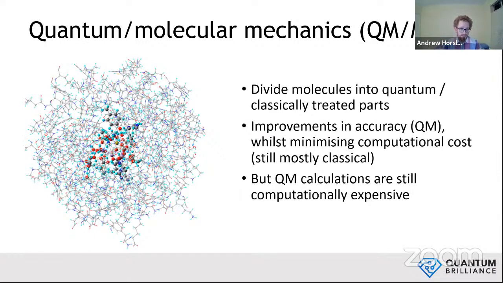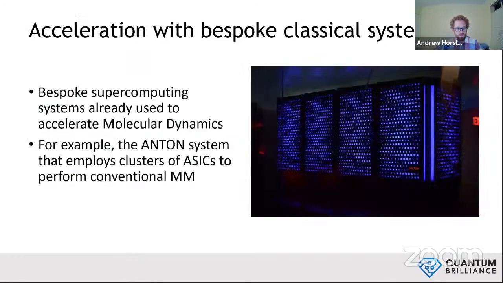And this is an iterative process. I'll leave it at that, just to say that they are very expensive computationally. So the nice thing, or what people do already, is then invest in bespoke systems with custom designed chips that are designed just to solve these molecular dynamics problems, and have then high performance computers.